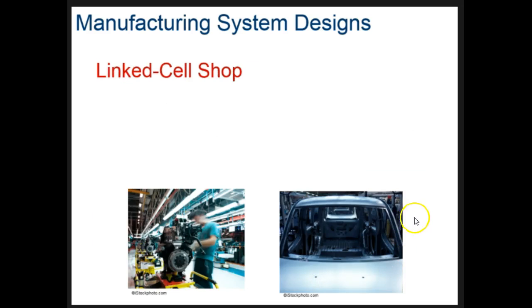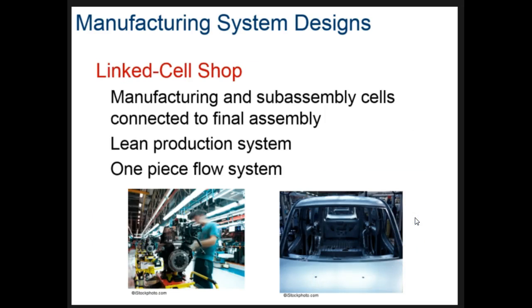Then we have another kind called a link cell shop. This could be for different kinds of products, but this has to do with lean production, which we're going to talk about in the next slide, and the one piece flow system. So basically, if we're thinking about cars, there's a motor here, and this motor gets sent from one station to another station, and each station puts on a specific kind of item.